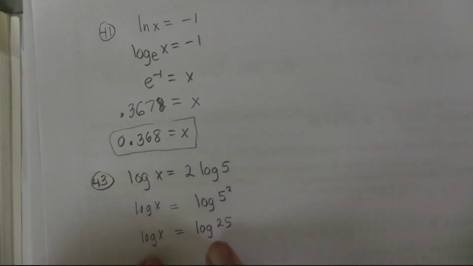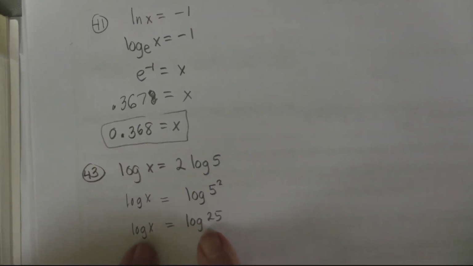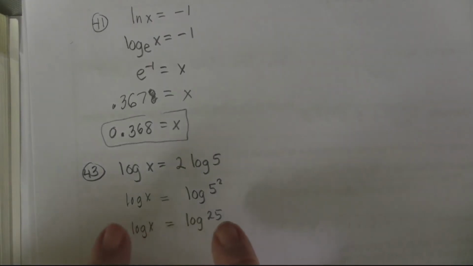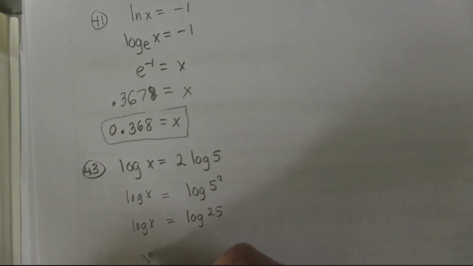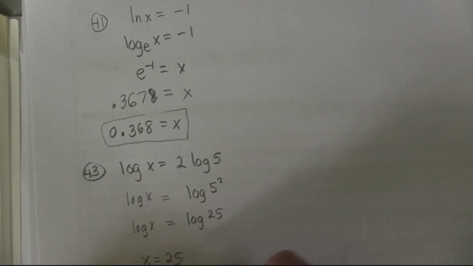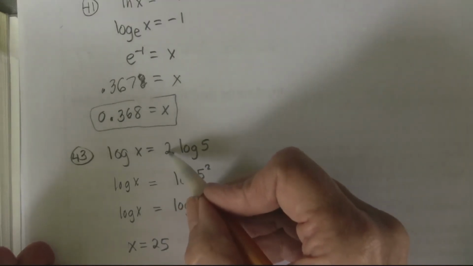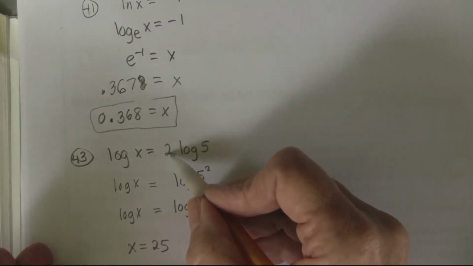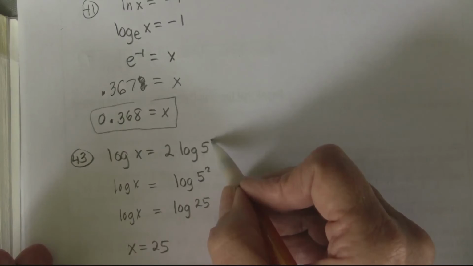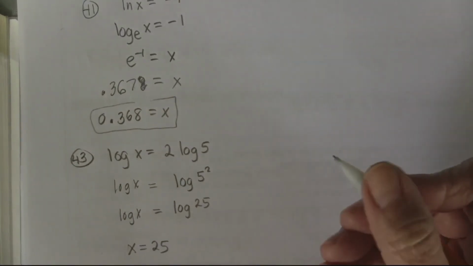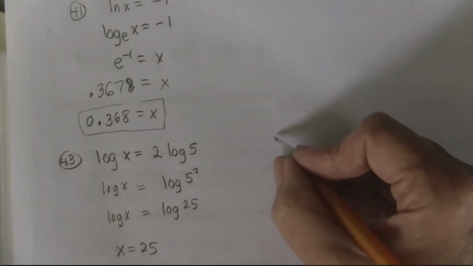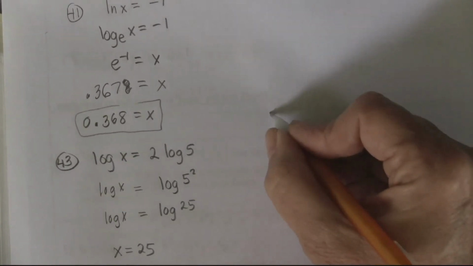On both sides, we have log base 10. And so x must be 25. So that's one way of doing this problem, using the property that a multiplication can become an exponent on your logarithm.